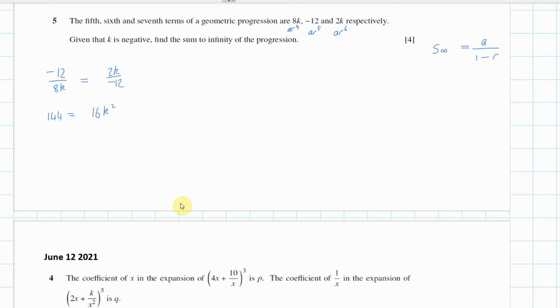And therefore, what's 144 divided by 16? Is that 8? No. 9. Okay, yep. So k squared equals 9. We know that k is negative, therefore k is equal to the square root of 9, which is negative 3.